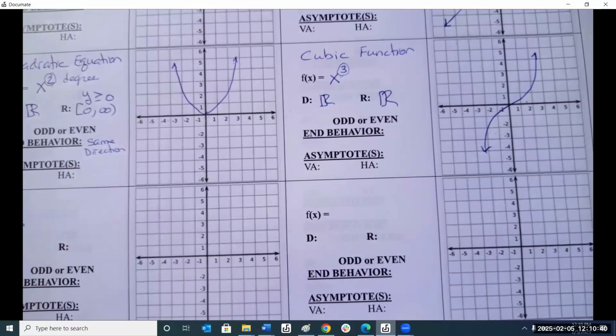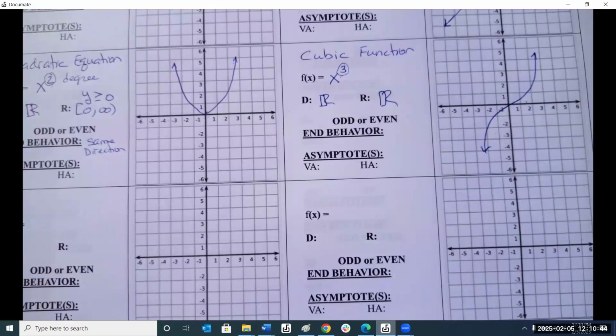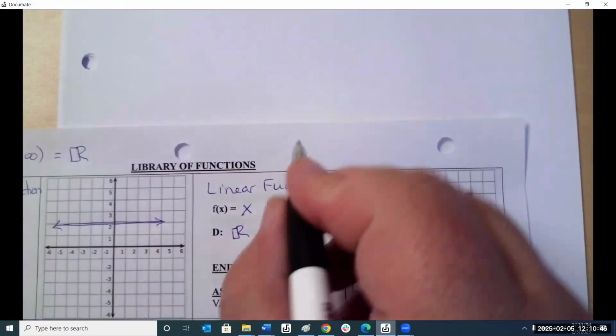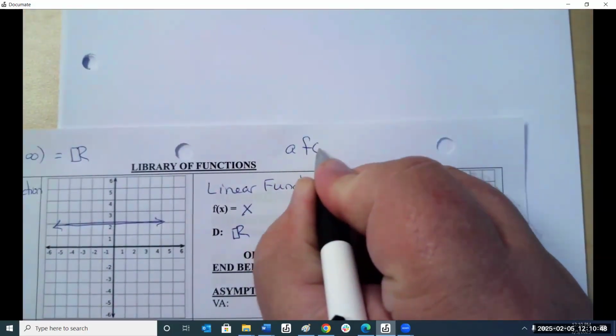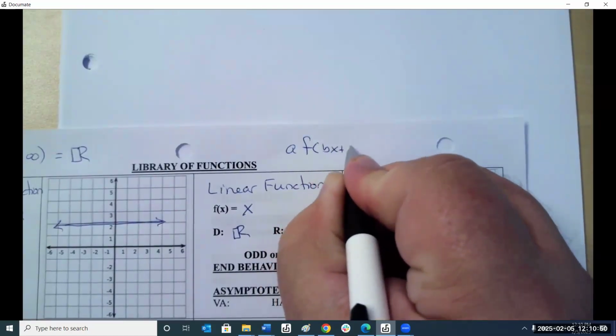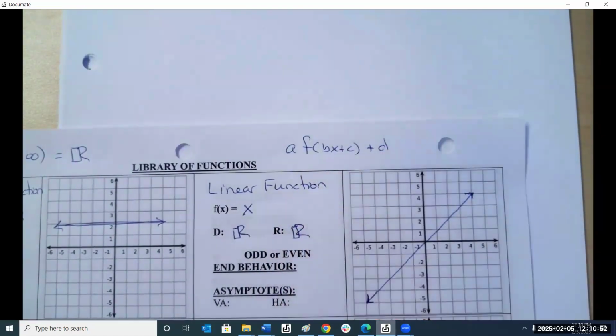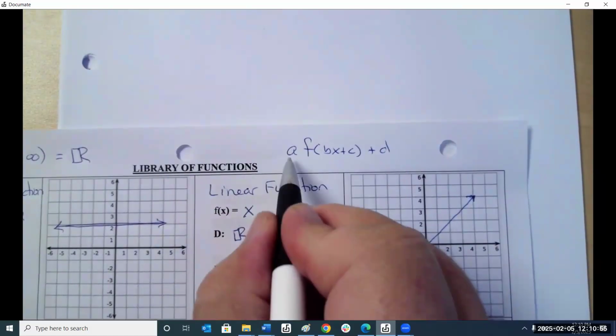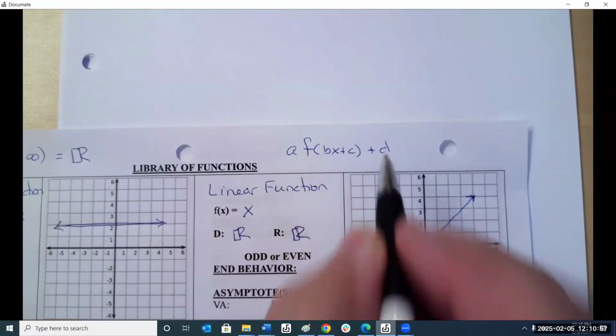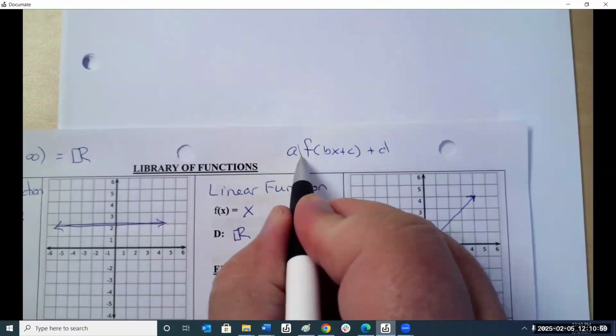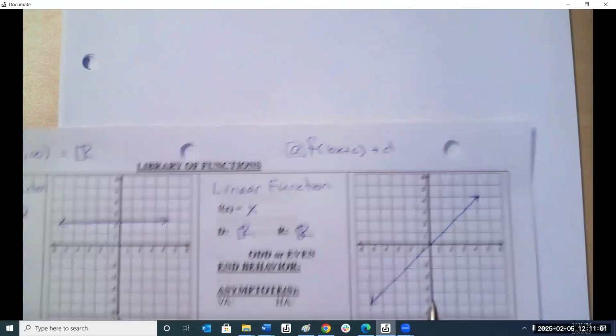Remember, what does A represent? A represents the number in front of the function. This is your polynomial. A is the coefficient of your function.